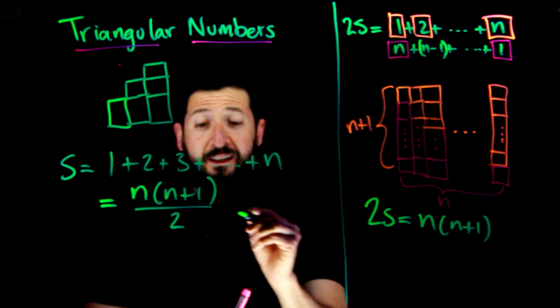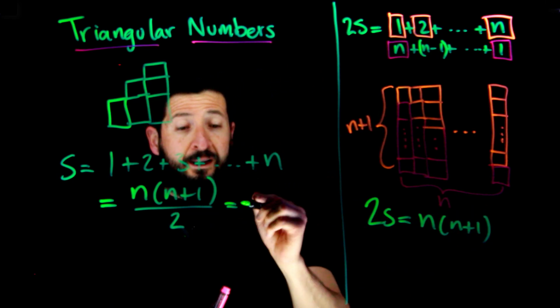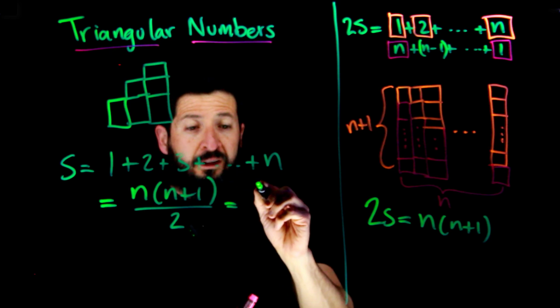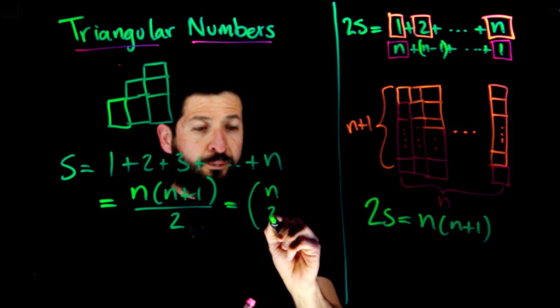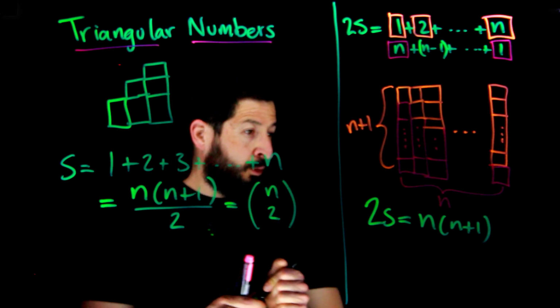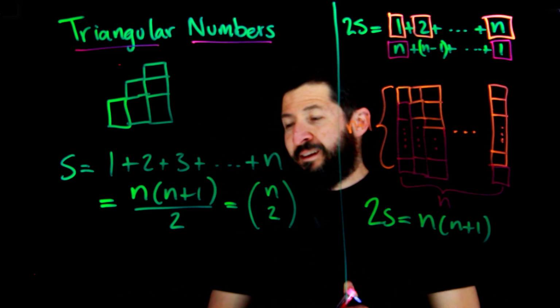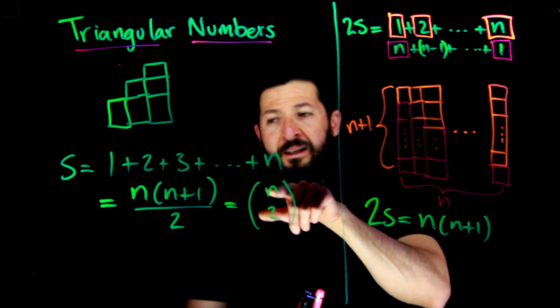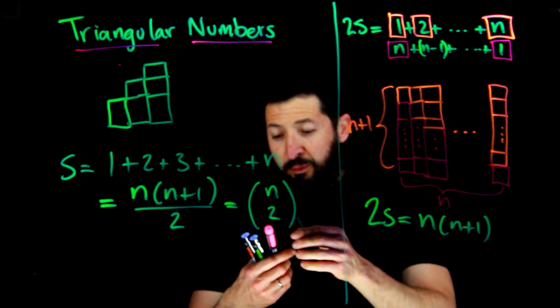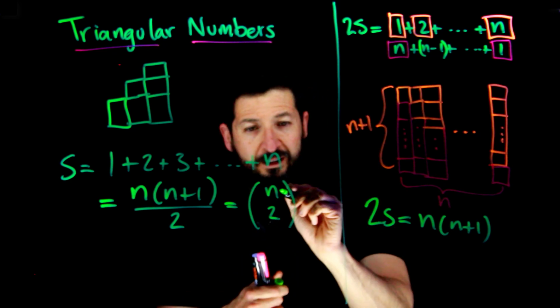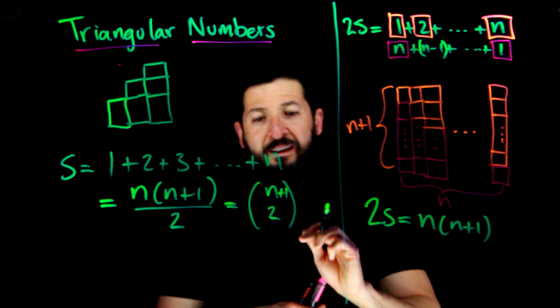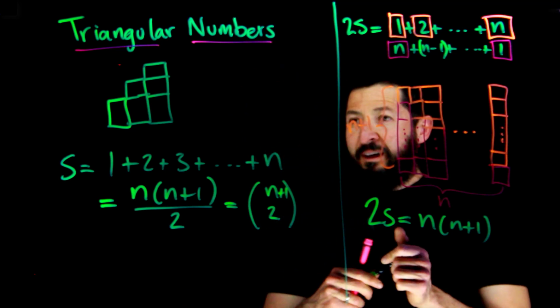And that is the fact that if you think about this number, this is nothing but n plus 1 choose 2. So in how many ways can I pick out of a set of n plus 1 numbers, sorry about that, in a set of n plus 1 numbers, how can I choose 2?